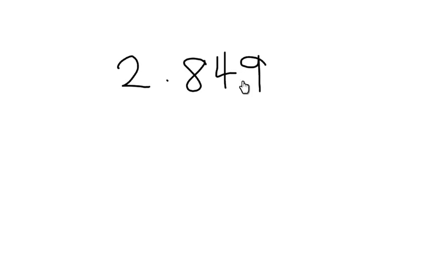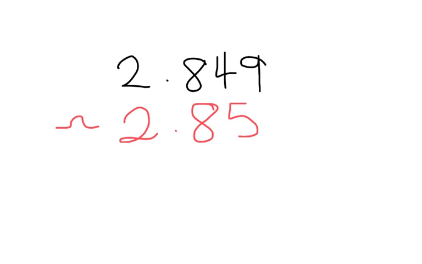Since it's more than 5, we can round it up by 1. That will give us 2.85. Since we are rounding this one up by 1, it adds up to 4 and gives us 5. That's the approximation symbol.